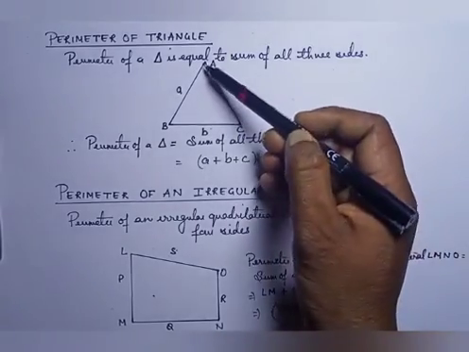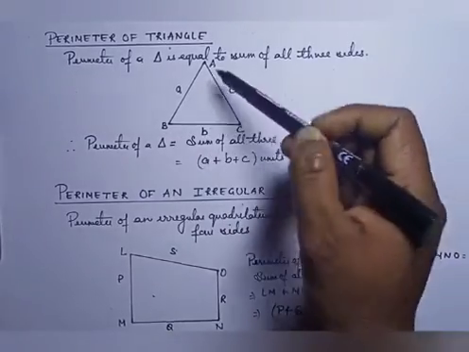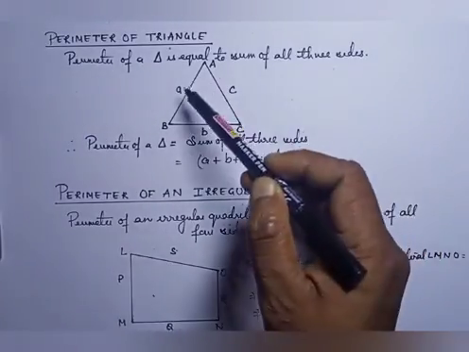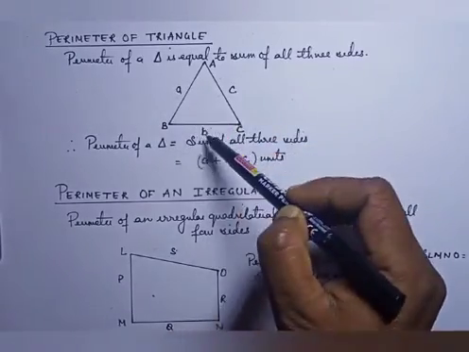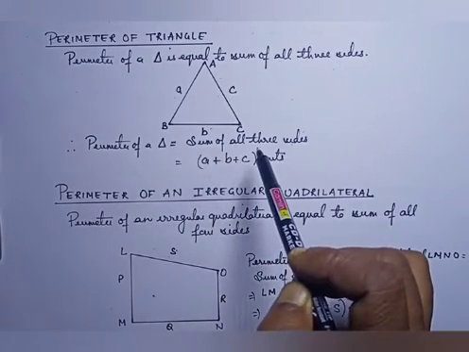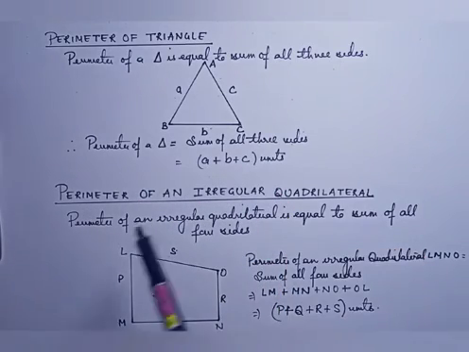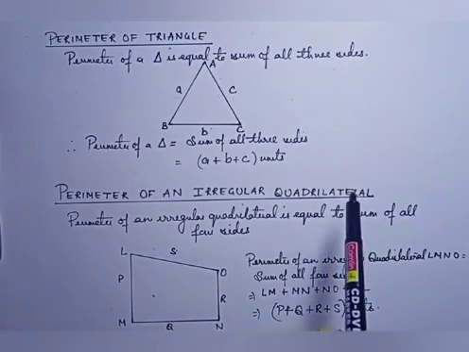So over here I have taken AB side as a, BC side as b and CA side as c. So if I am going to add all the three sides, that is a plus b plus c, then I am going to get the perimeter of a triangle.